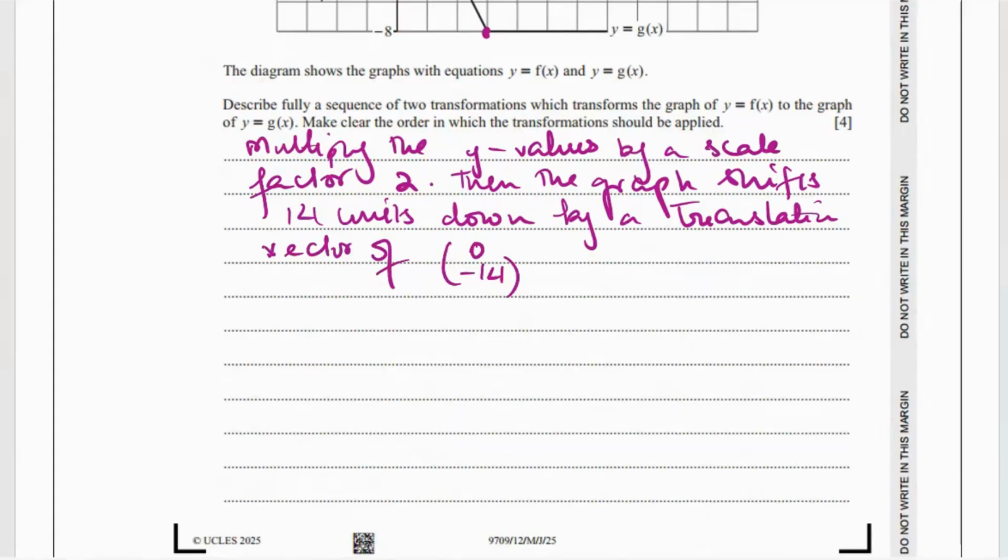So we have stretching happening first, and then we have translation. That is your answer.